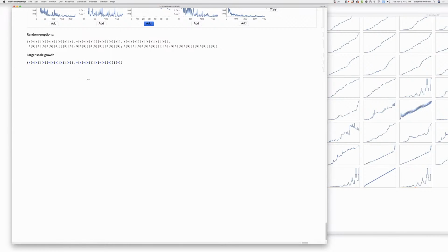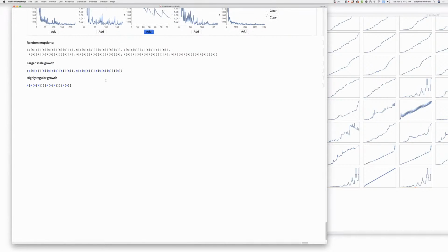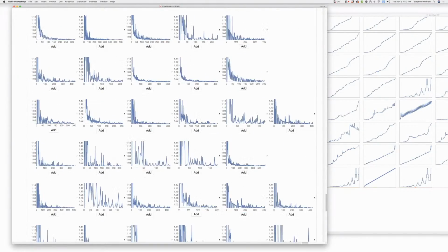And this one here is highly regular. I want to look at this one because I just have a suspicion that that one might be easy to understand. So let's give it a try.